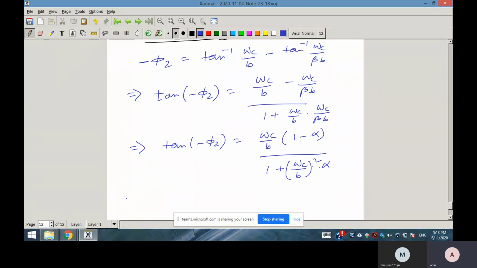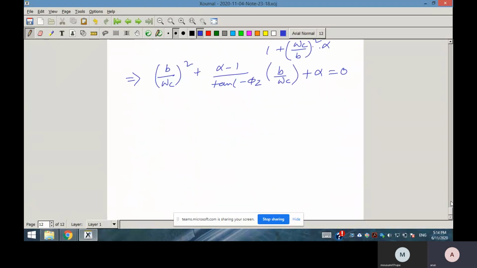So from this equation, if you multiply numerator and denominator by b square by omega c square, then you will get this kind of equation: (b by omega c) square plus (alpha minus 1) into tan of minus phi 2 into (b by omega c) plus alpha equal to 0. Please check it. Here alpha, remember, is greater than 1.